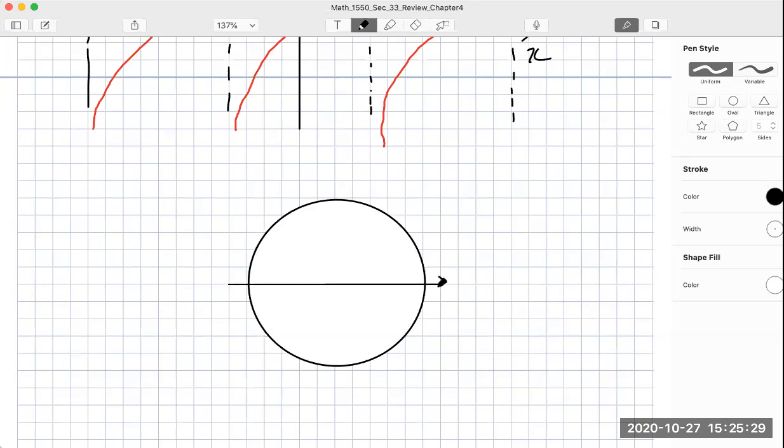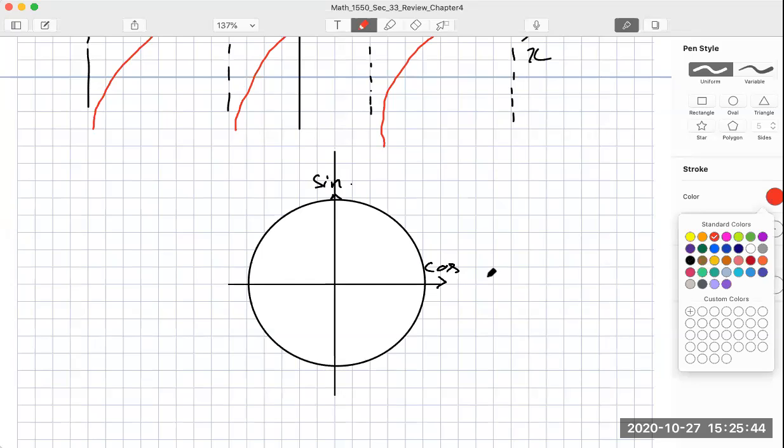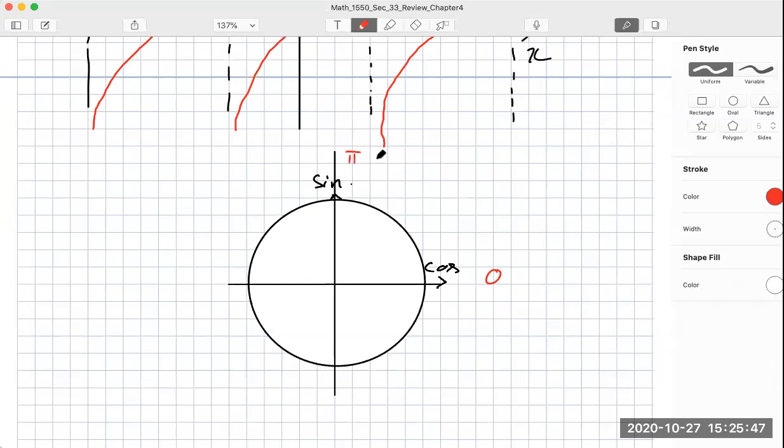Then here is the cosine axis, and here is the sine axis. And the angle 0 right here, and here is pi over 2. We are going in the negative direction, right? And here will be pi.